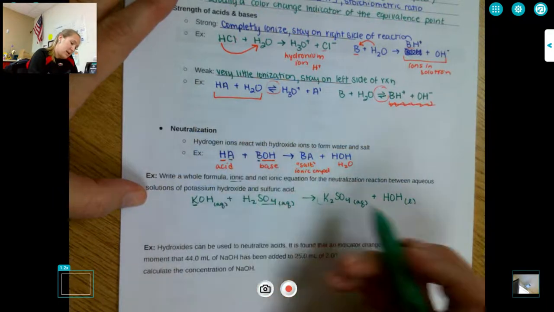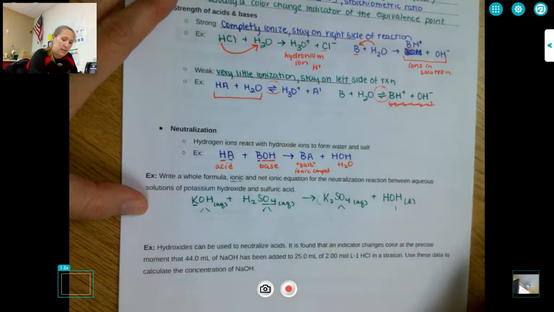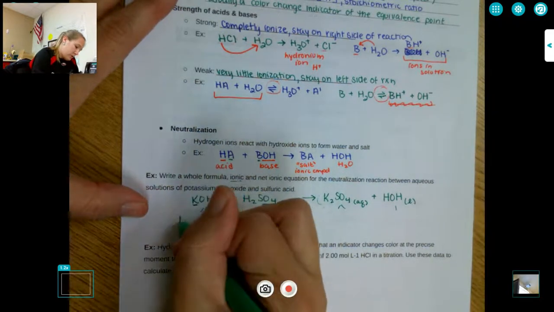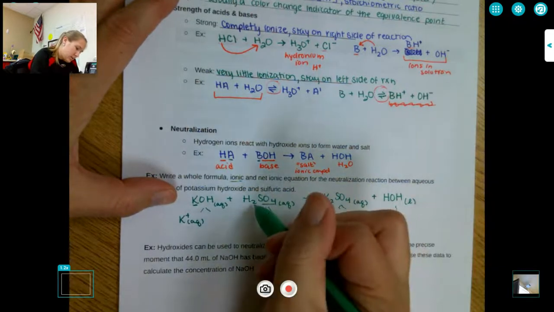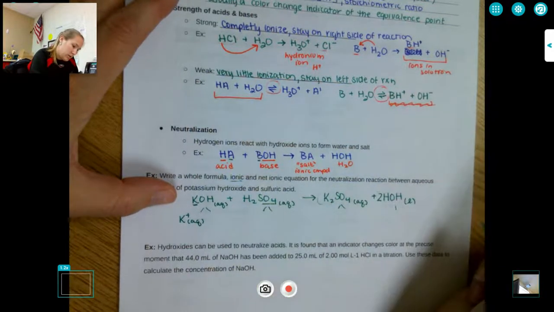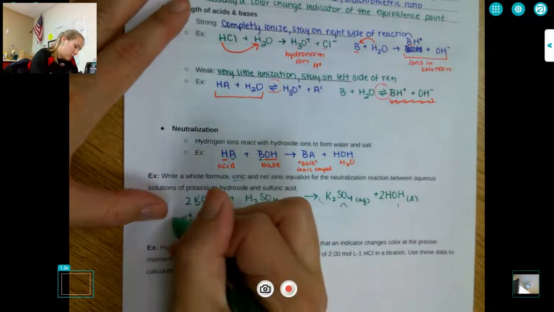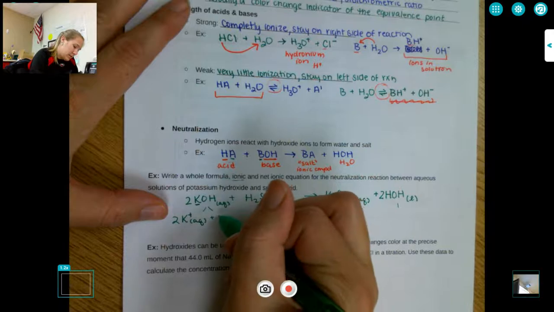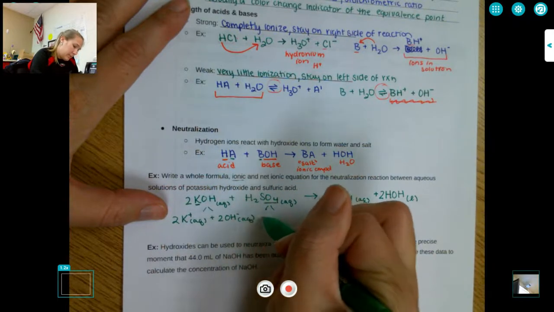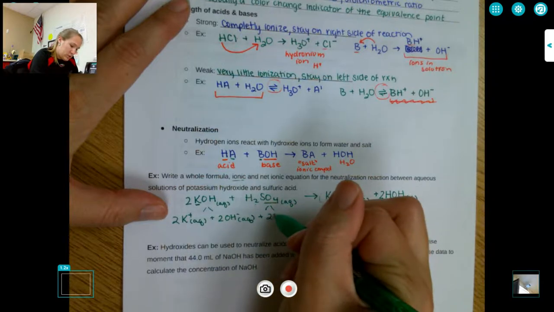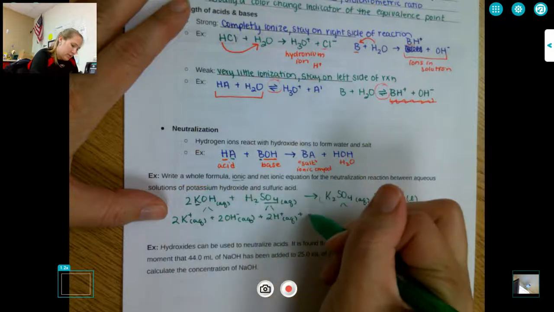Complete ionic reaction. I'm going to break apart all my aqueous things. Liquid stays as one. So potassium ions. Oh, did I balance this? 2, 1, I had 2 here, 2 there, 2 there. Okay. So 2 potassium ions plus 2 hydroxide ions, aqueous, plus 2 hydrogen ions and a sulfate ion.